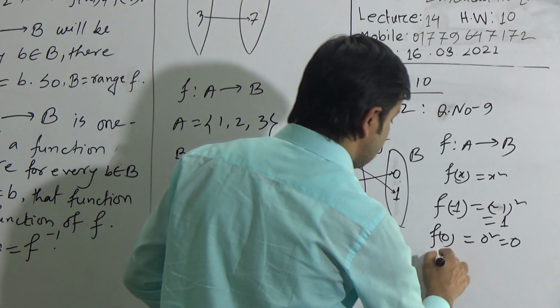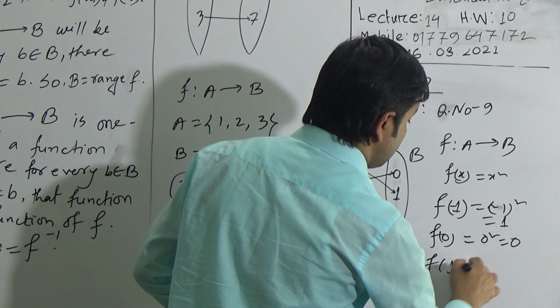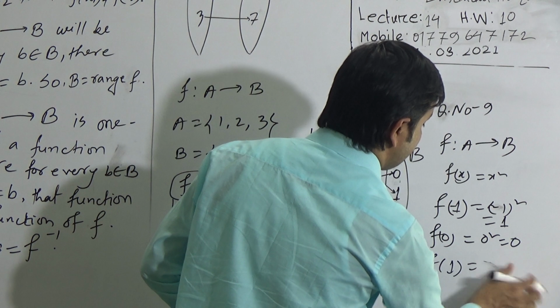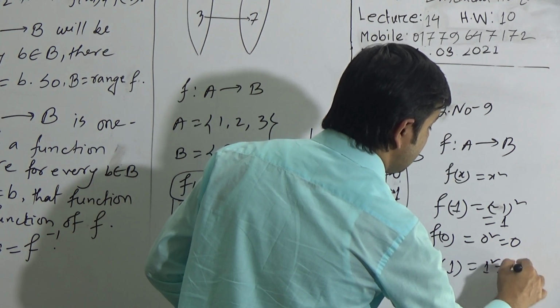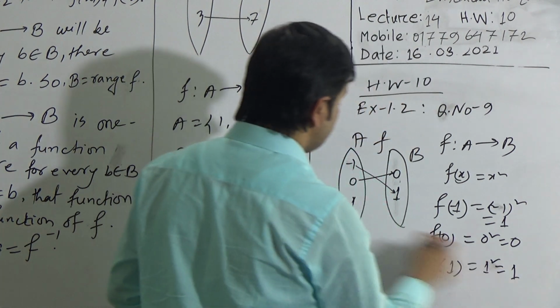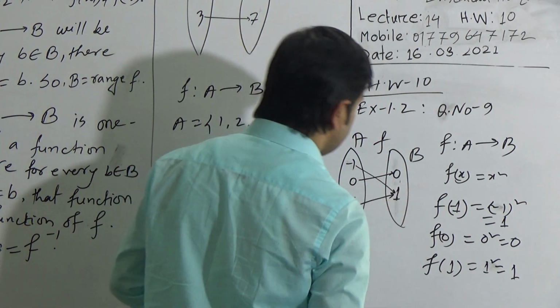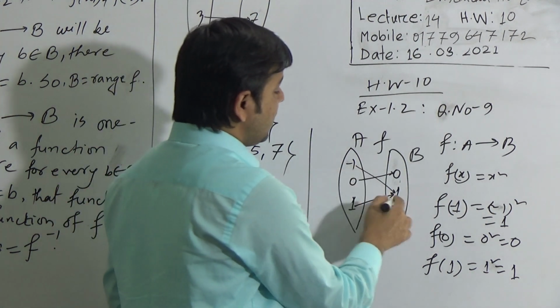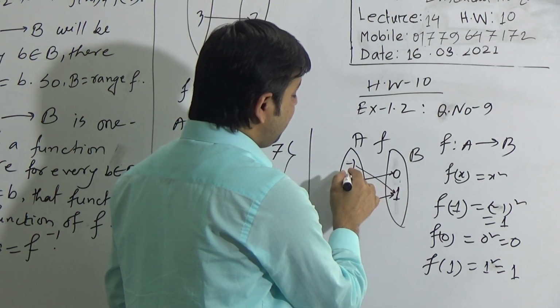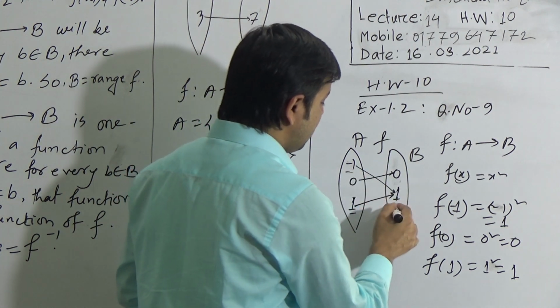Now consider the element 1 here. This will be x square, which means 1 square, which is 1. So the image of 1 is also 1. Now if you notice this function, the image of -1 is 1, and the image of 1 is also 1.